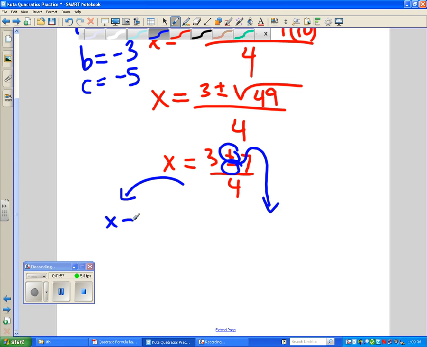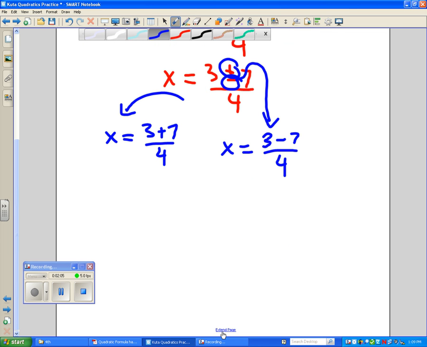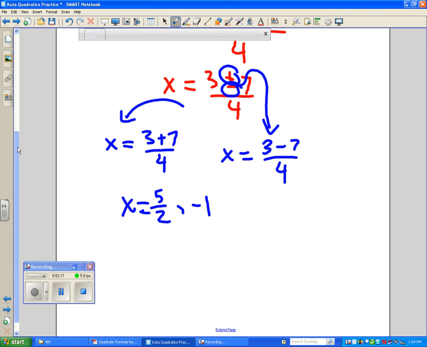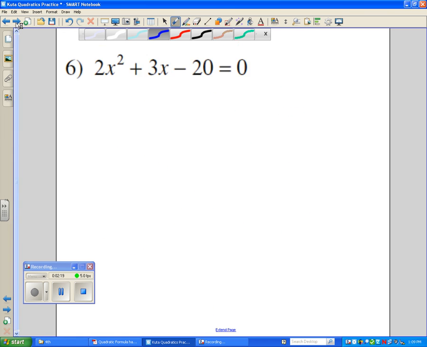So we have x equal to 3 plus 7 divided by 4, and we have x equal to 3 minus 7 divided by 4. We just got to solve each of those. 3 plus 7 is 10. 10 divided by 4 is 5 divided by 2. And then we have 3 minus 7, which is negative 4. Negative 4 divided by 4 is negative 1. And that's it for that one. Let's go to the next one.